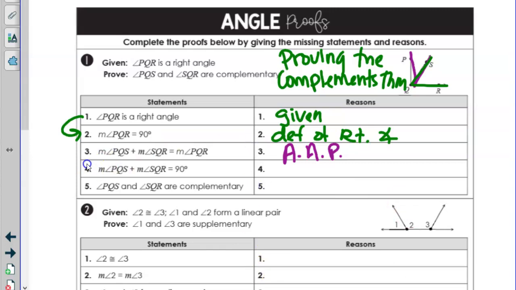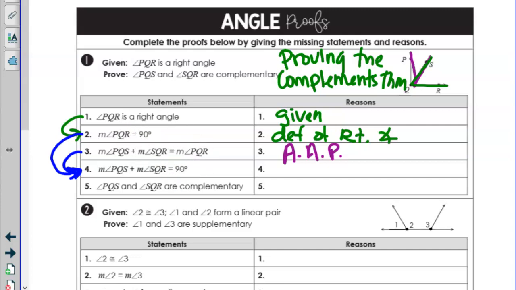Alright, so then statement 4 says the measure of angle PQS plus the measure of angle SQR is equal to 90 degrees. That one's coming, I'll tell you, from statement 2 and statement 3 both. Is it definition of complementary? No. They switch something out.